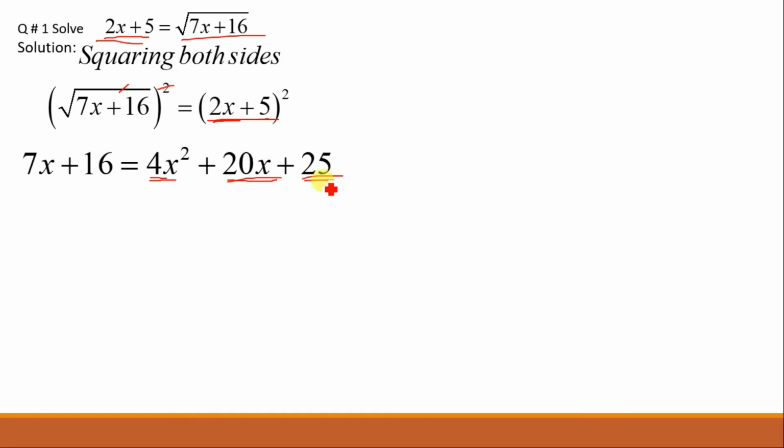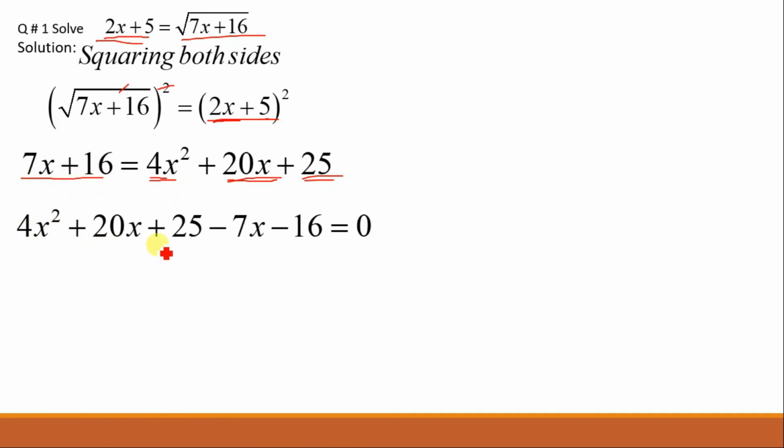For that purpose, we shall take these two terms to this side, that is 4x squared + 20x + 25 - 7x - 16, and we know that 20x - 7x is equal to 13x and 25 - 16 is equal to 9. 4x squared + 13x + 9 is the standard form of this quadratic equation, and we can see that this can be easily solved by factorization.